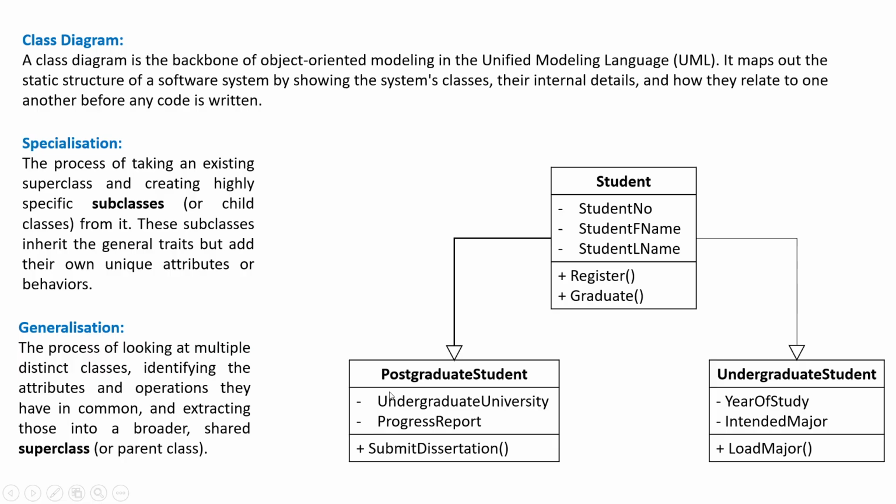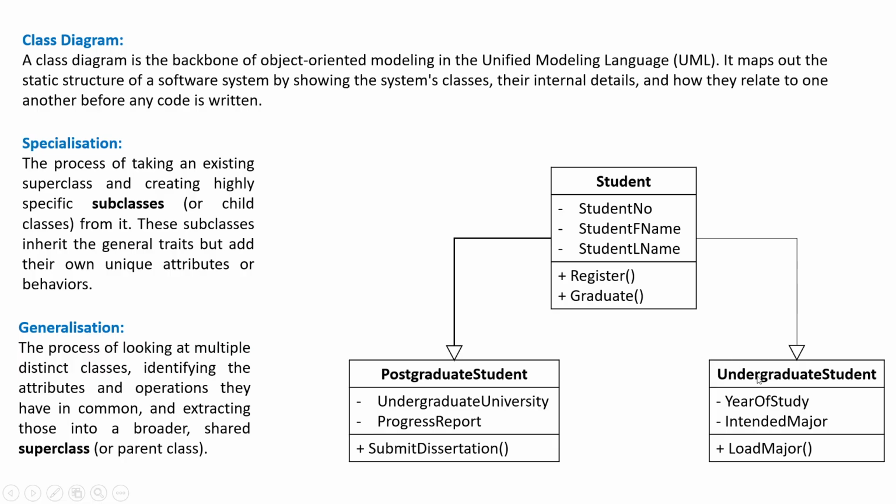So, for example, for a postgraduate student, the data we might want is the undergraduate university, so the university where the student did their undergraduate qualification, and a progress report. A method, for example, could be to submit a dissertation.